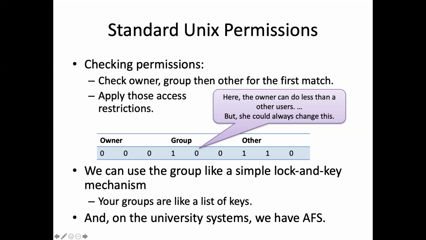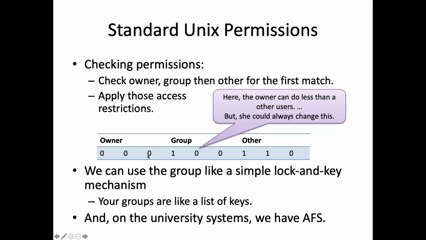The point I'm trying to make is this is simplified because every file just has one group associated with it. And if you try to access the file in a particular way, the operating system just needs to decide, are you the owner of that file? If so, then these first 3 bits determine whether you can read or write or execute that file.